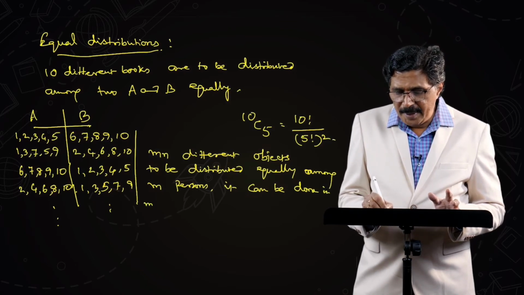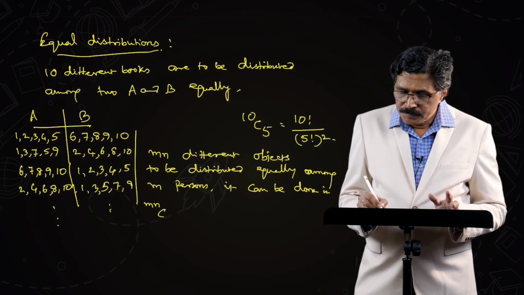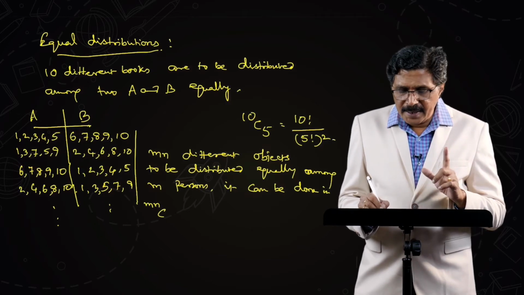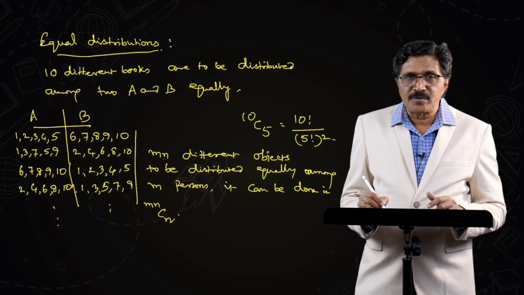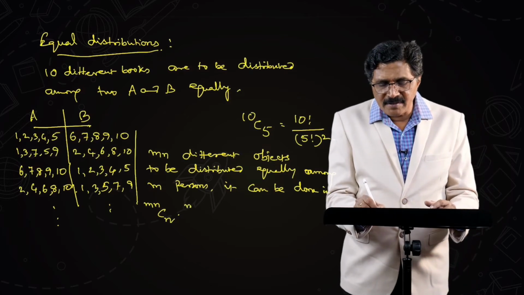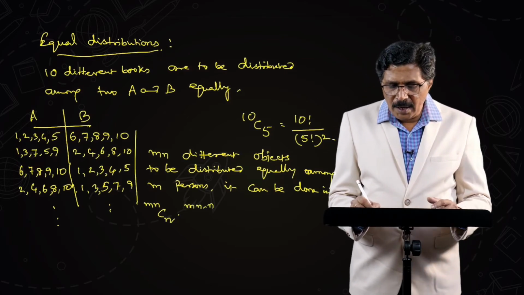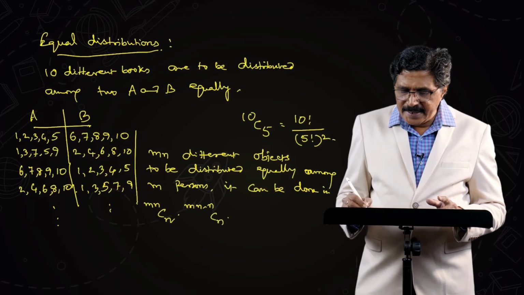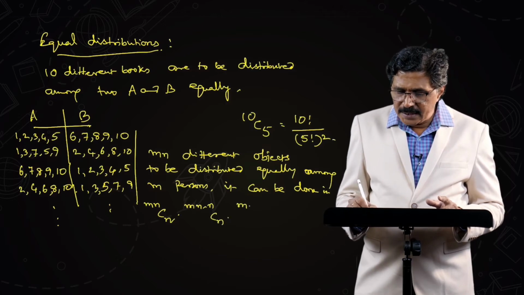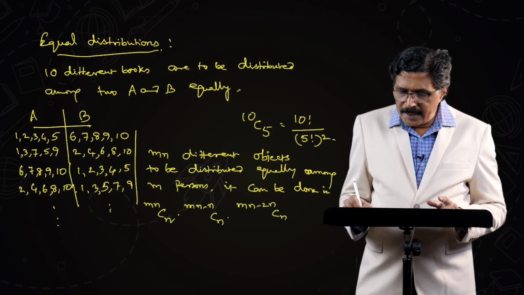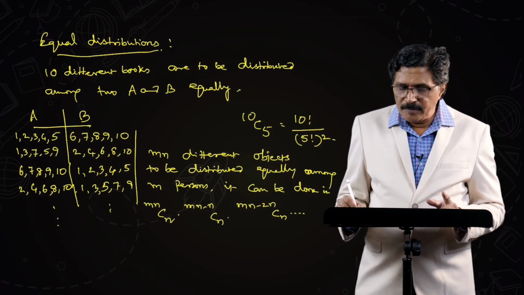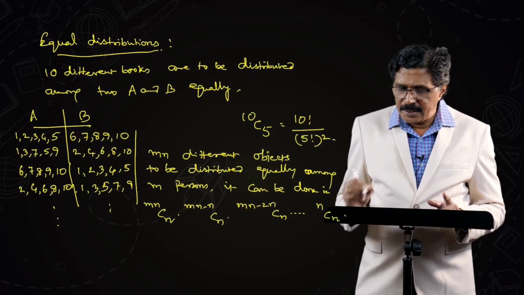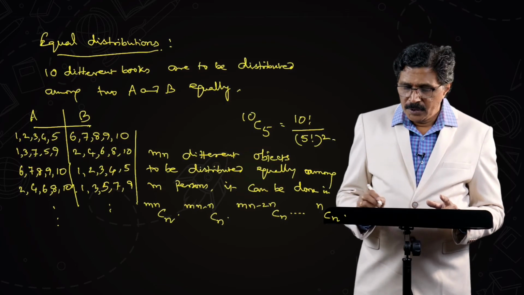See, of the mn different books, one person randomly can take any n items. Of the remaining mn minus n items, another person can take again n items, another person can take n, like that. When it comes to the last person, you will be left with n items. So, it is like this.